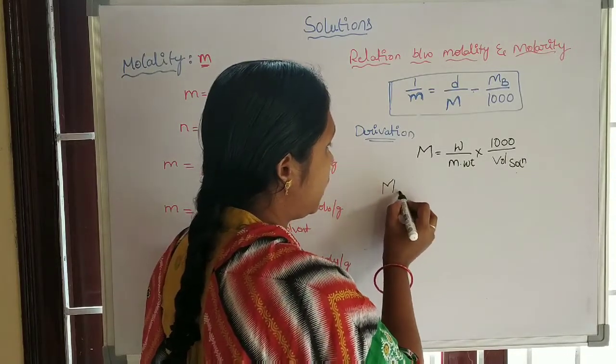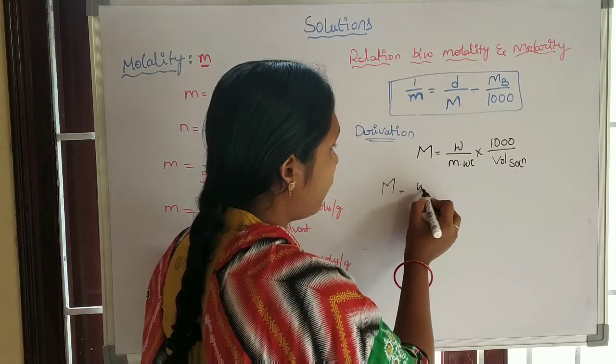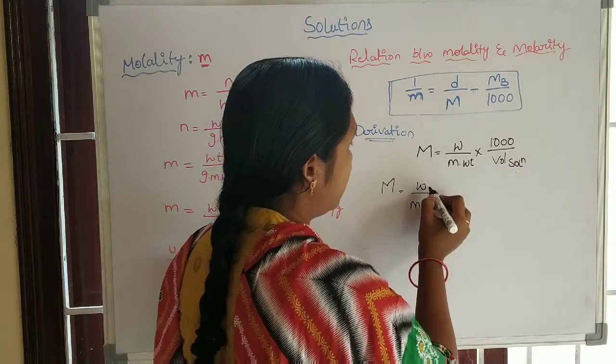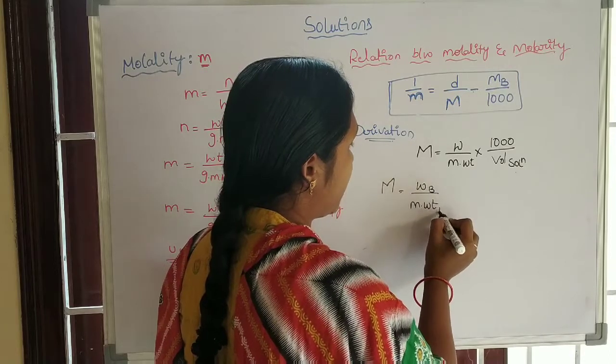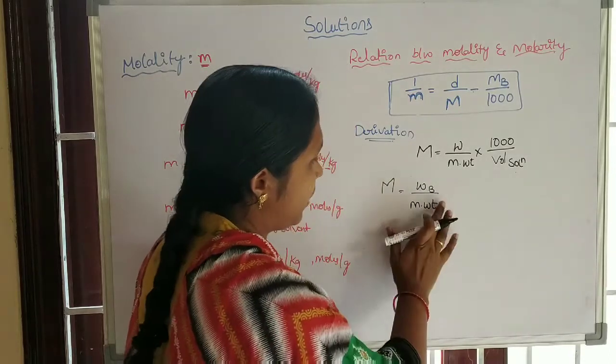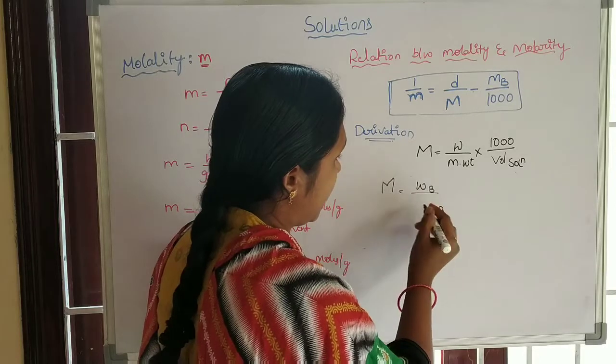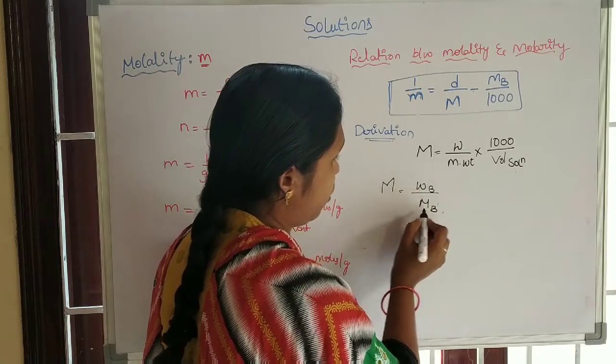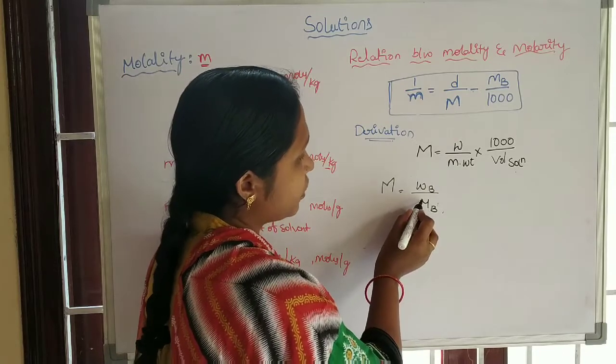So molarity equals weight by molecular weight. This is the weight of solute, and take capital M as the molecular weight of the solute.